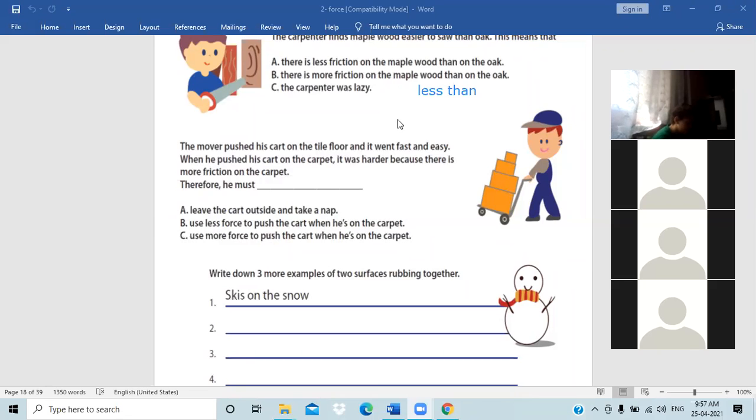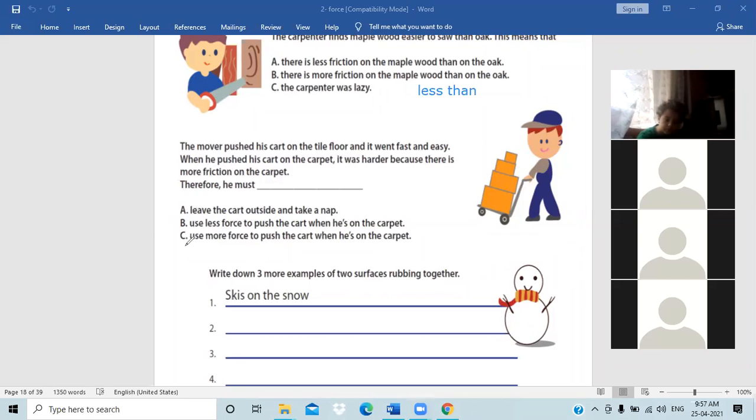When he put his car on the carpet, it was harder because there was more friction on the carpet. Therefore, he must... Read the choices.